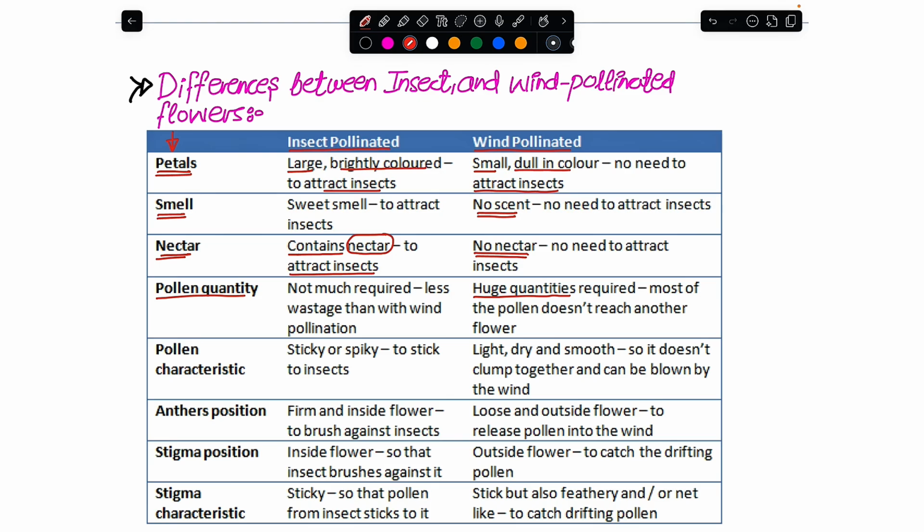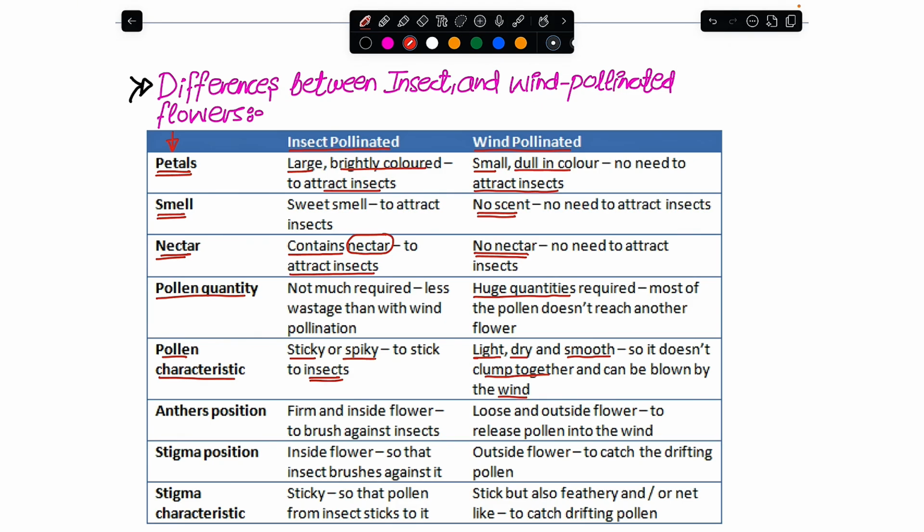As far as pollen characteristics are concerned, the insect pollinated flowers have a sticky or spiky appearance with the intention of adhering to the body of the insects. For the wind pollinated ones, their pollen grains are light, dry, and smooth, and they don't stick with one another, which makes it easier for the wind to carry them away.